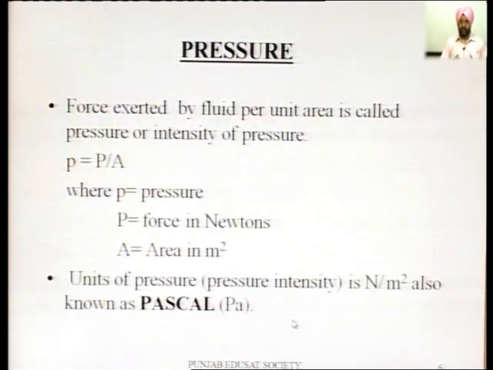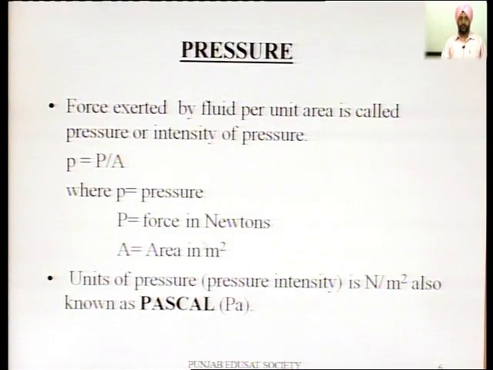Moving to the pressure part, the pressure is the force exerted by a fluid per unit area. Pressure is also sometimes called the intensity of pressure, denoted by the symbol small p, and mathematically it can be written as capital P upon A. So pressure is force upon area.